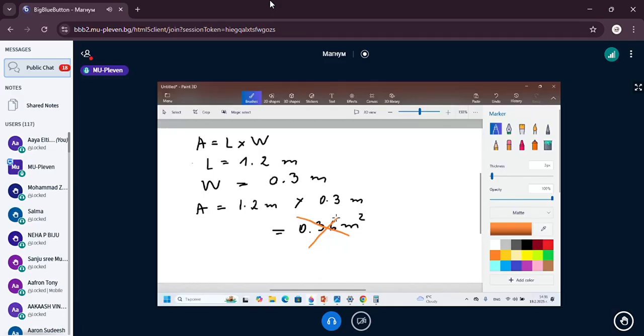Why? Because those are measured quantities. The way numbers are written shows the precision with which the measurement was performed. So 0.3 meter means that the ruler used to measure it has a precision within 0.1 of a meter.